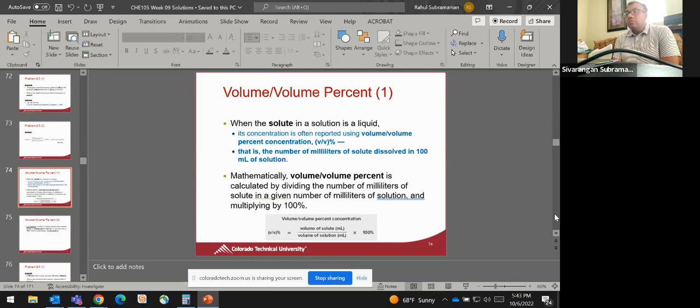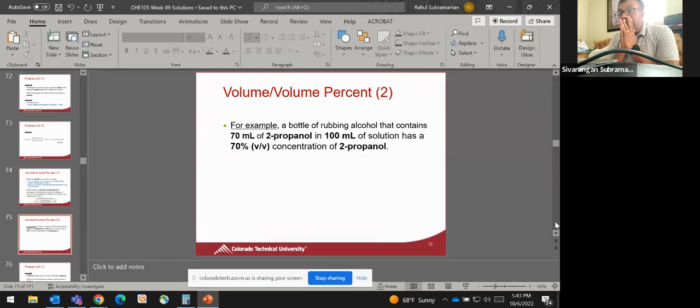So you just change the numerator W in terms of volume. So now you take the volume of the solute, in milliliters. Again, the solute is the one in the smaller quantity. And then you have the solution, which is the larger quantity, the combination of the solute and the solvent, multiplied by 100% to give you volume over volume percentage.